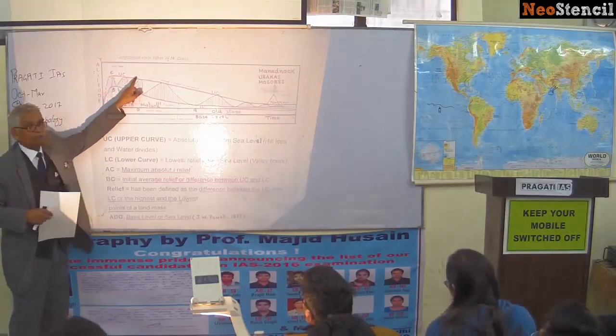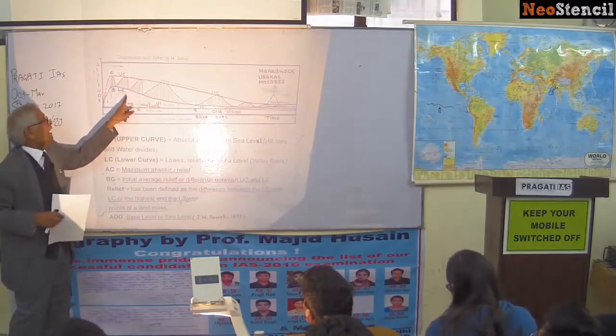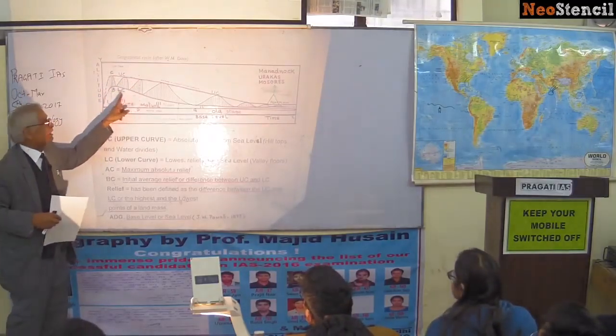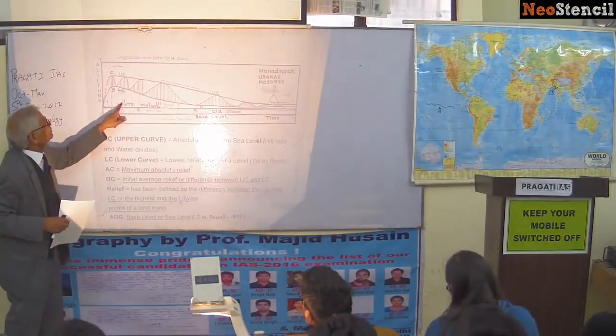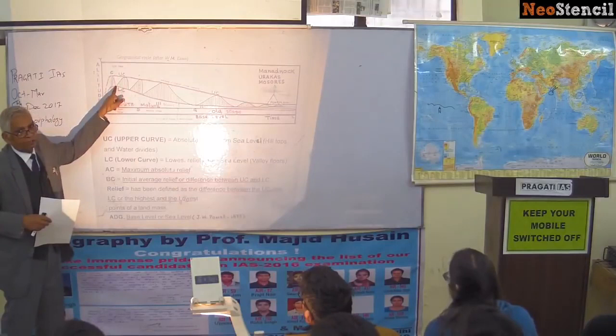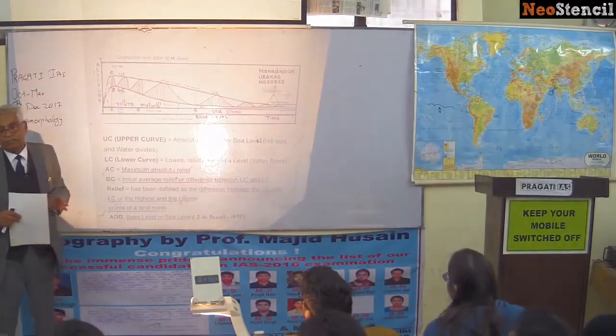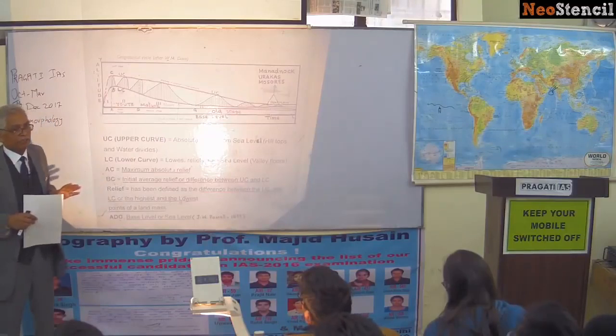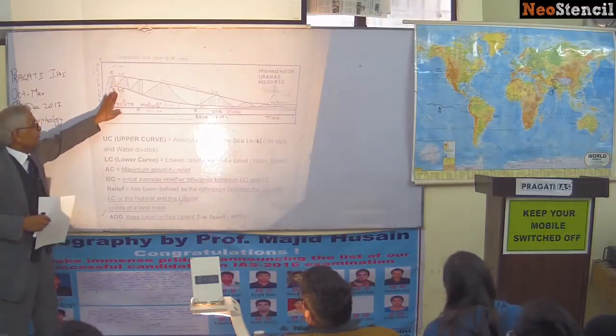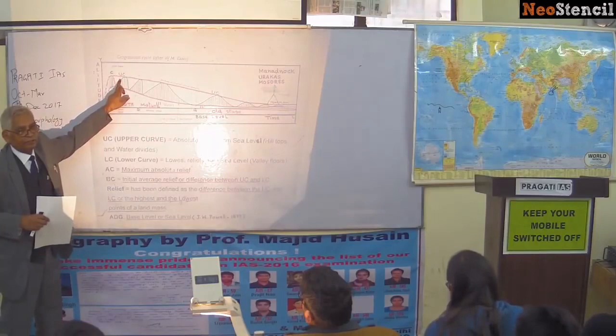This UC means upper curve, LC means lower curve. This is the youth stage. In the youth stage there are steep sided valleys, gorges, waterfalls, maybe many other features also. So this is, he said, erosion started, weathering erosion here.